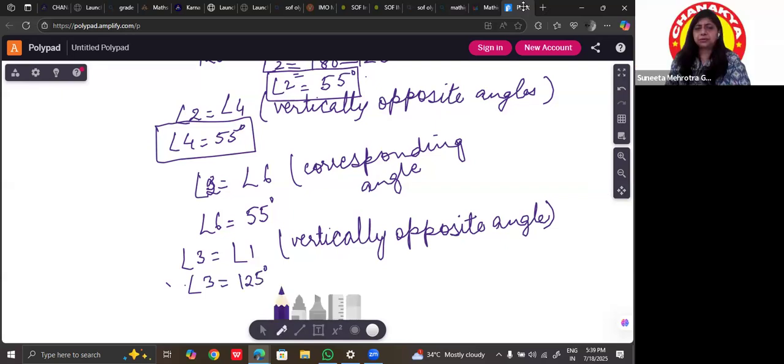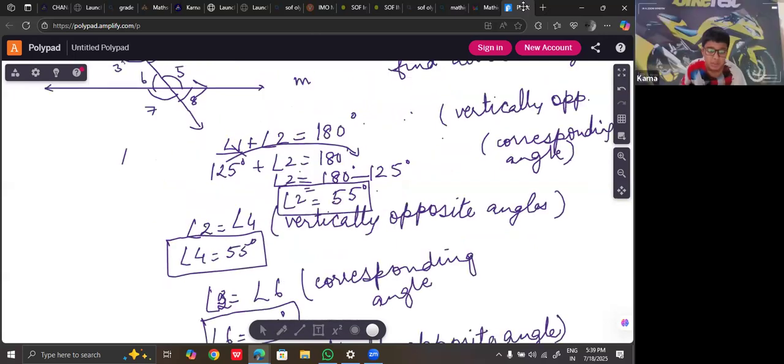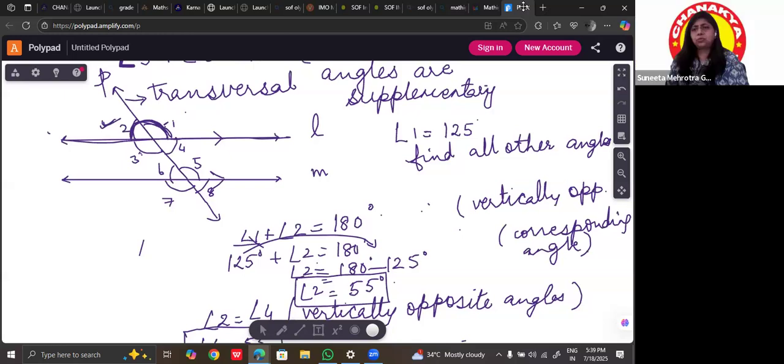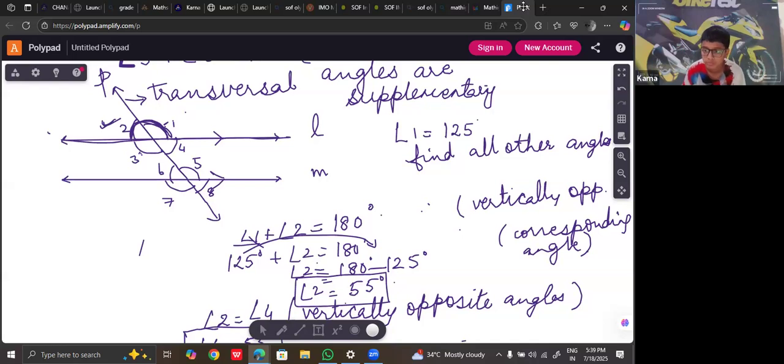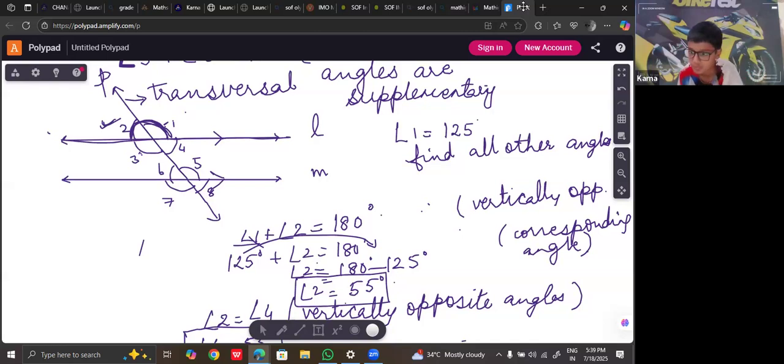Okay, now you block it. Every time you get the answer, you block it. In the notebook, you have to write it like this. Now angle 3 and angle 4 are done, angle 5. Angle 5 is equal to what? Ma'am, 125 degrees. How? Ma'am, corresponding angles 1 and 5.